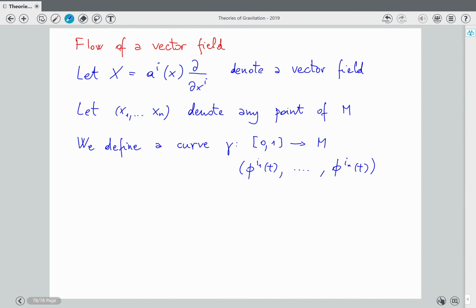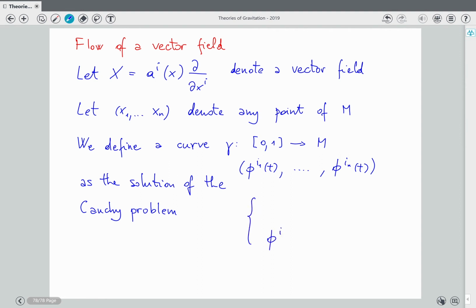And we define a curve as the solution of the Cauchy problem that I write here.